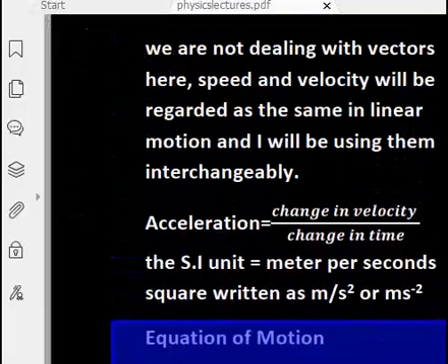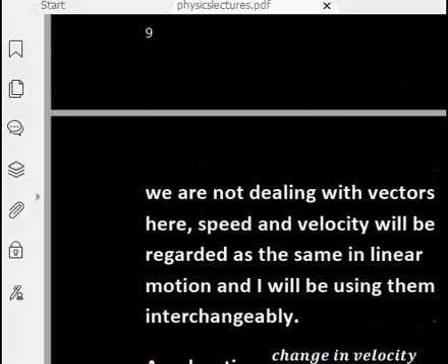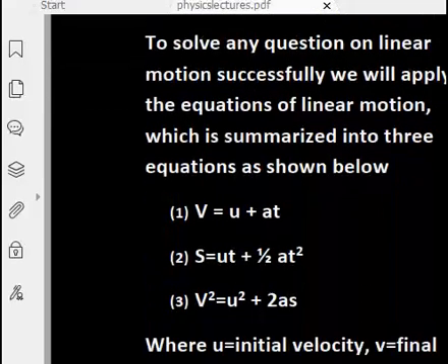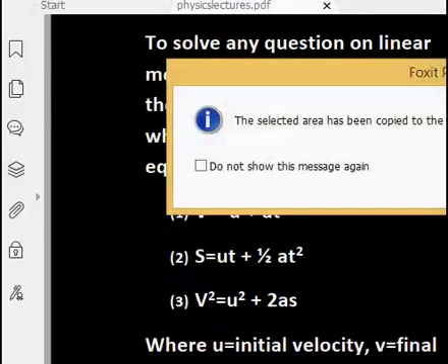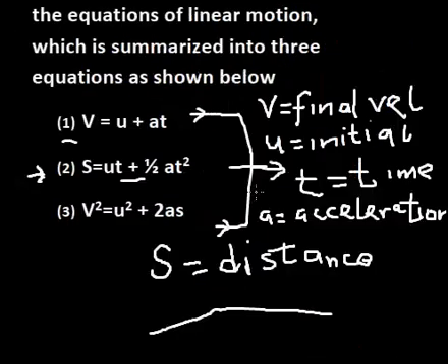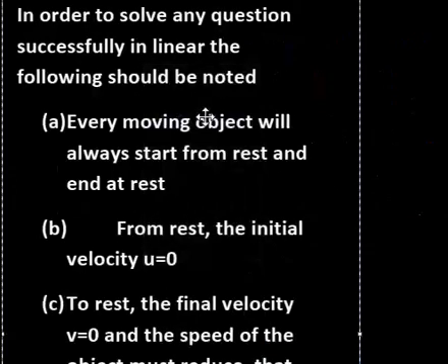Now we're going to look at what you need to know before you can solve successfully questions that involve linear motion. Now let's get something on the board.